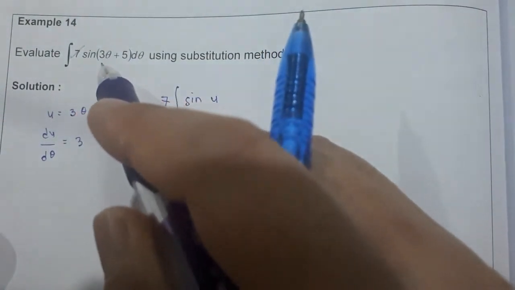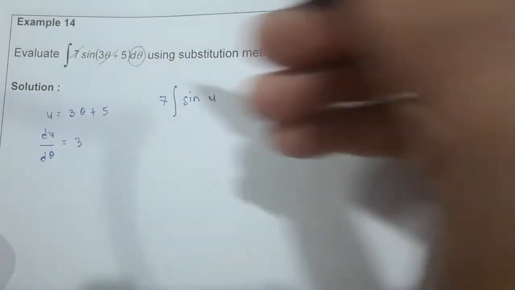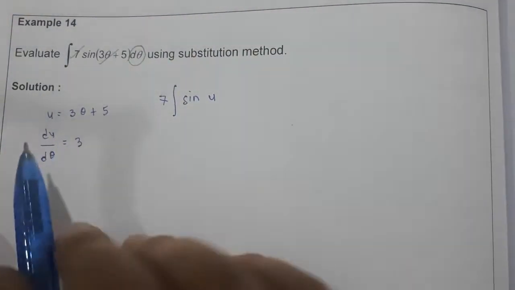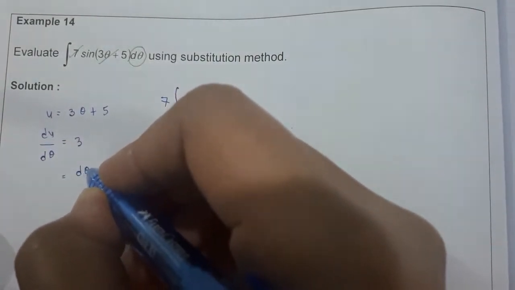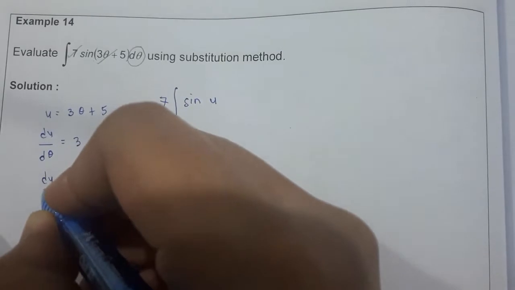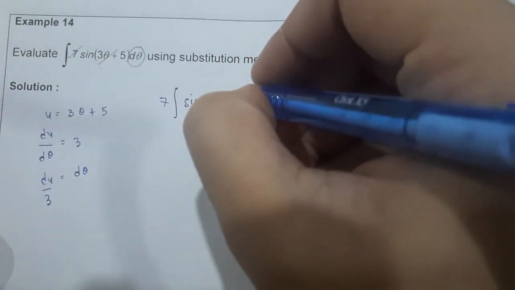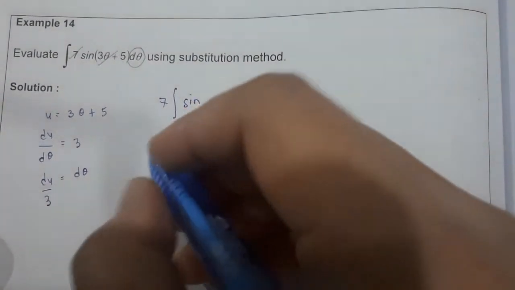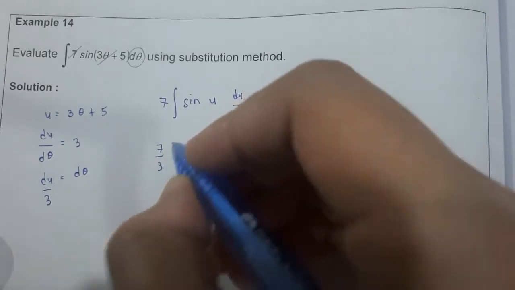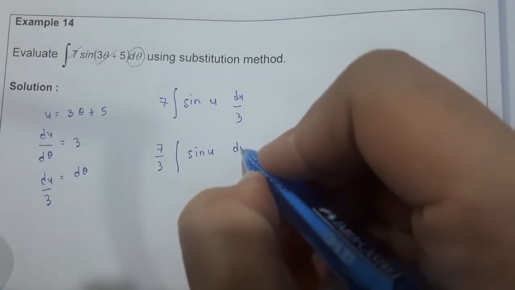We have factorized 7. We have substituted 3 theta plus 5 and we are left with d theta. We can get d theta from here. So d theta equals du over 3. Replace d theta by du over 3. We can also factorize 3, 7 over 3. So we are left with sine u du.